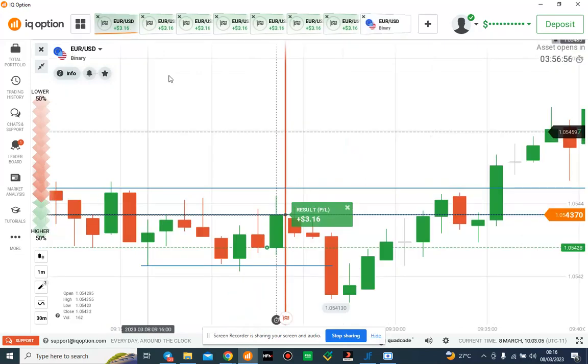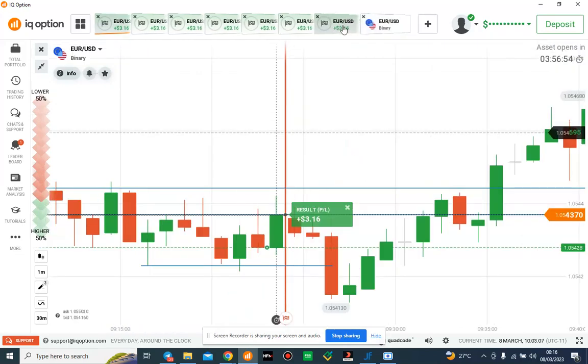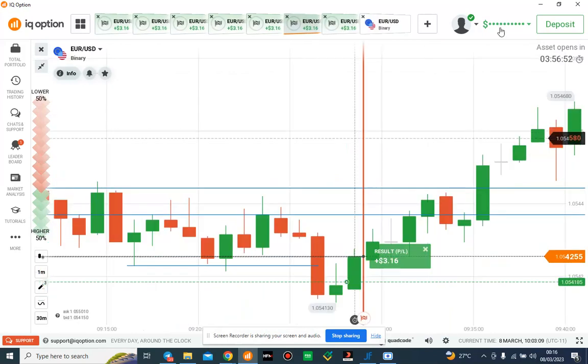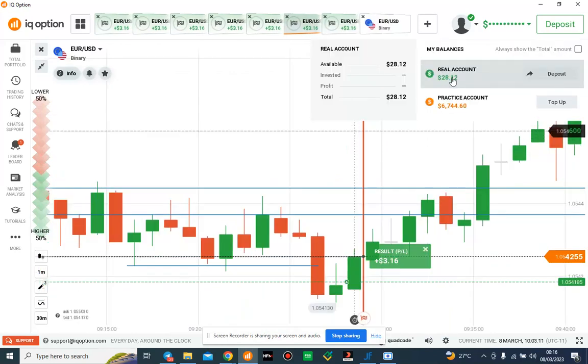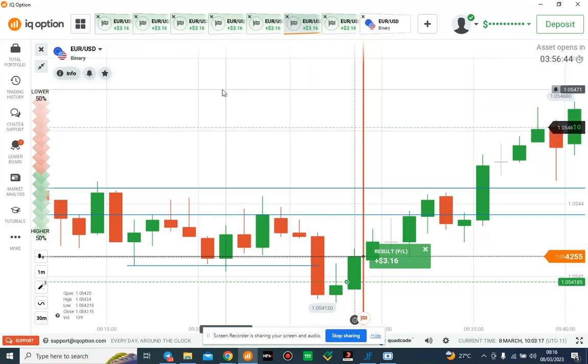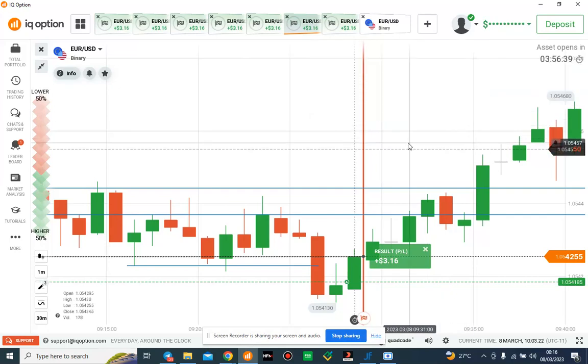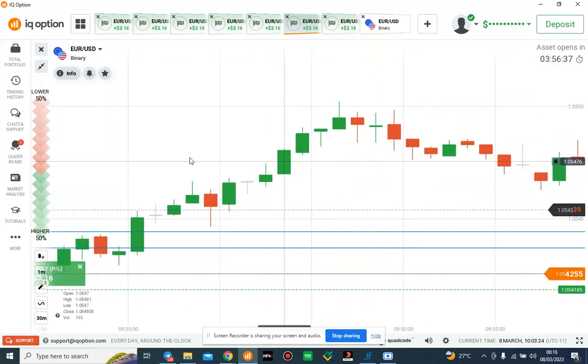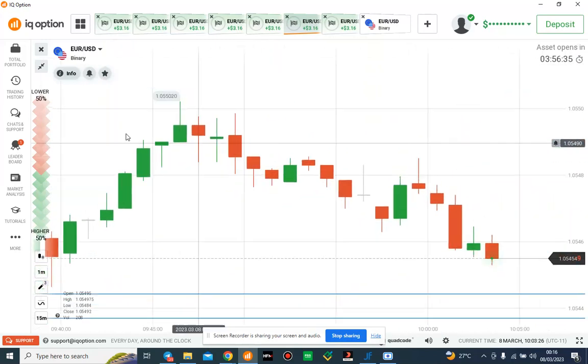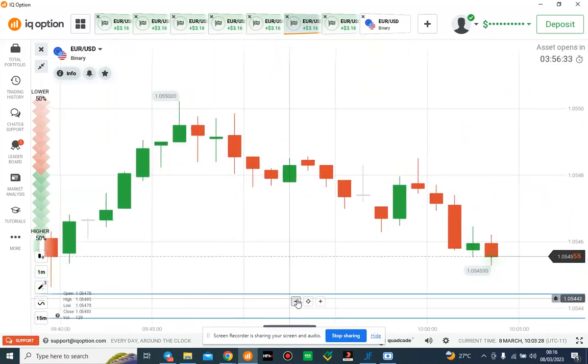Actually, my balance is $5. Is it $5? I don't know. Let me see how much I'm having now. I'm having $28. You can see just a few profits. Small profit and good trade. So I'm having $28.